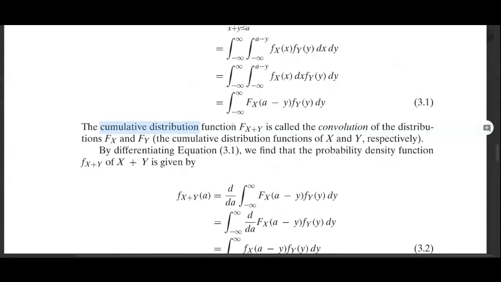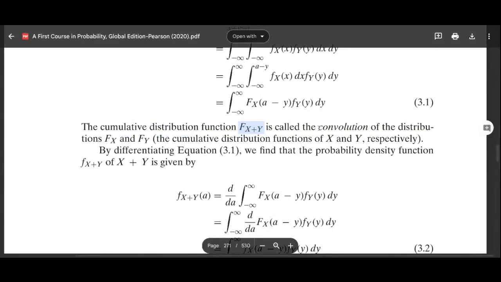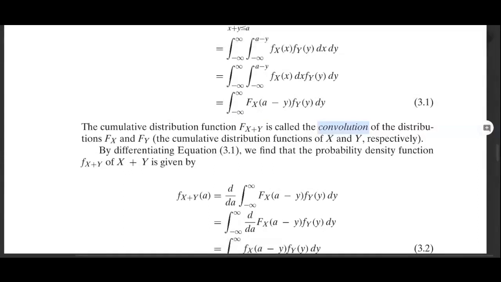So the cumulative distribution function, capital letter F, of X plus Y is called a convolution. Right? So that's on our syllabus. It's called a convolution, a fancy name, of the distributions of f_X and f_Y.